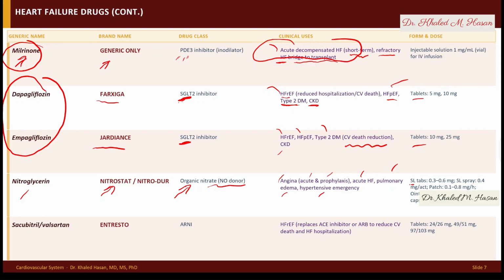It is available as a sublingual tablet, SL standing for sublingual, as a spray, as a skin patch, as an ointment, and as an extended release capsule. For heart failure, it is repeated, as covered in the previous slide.